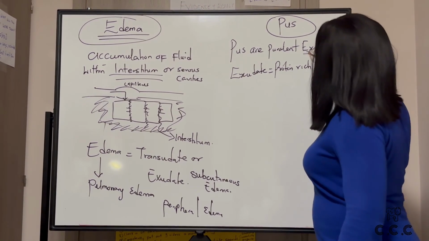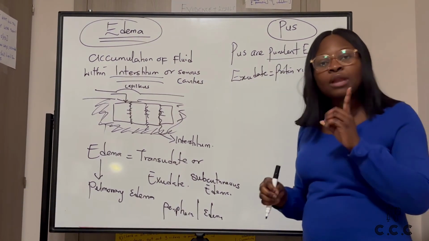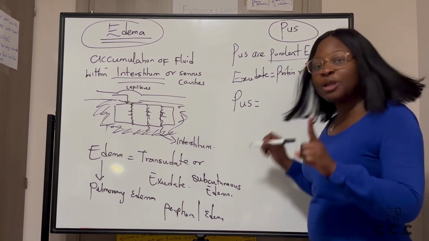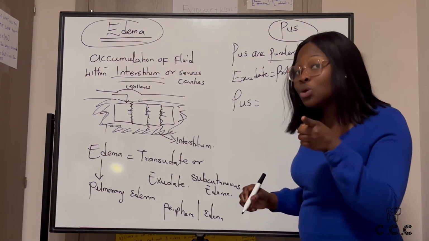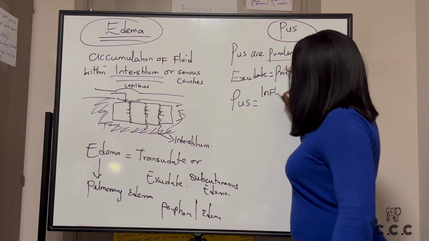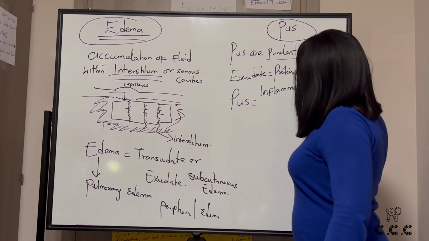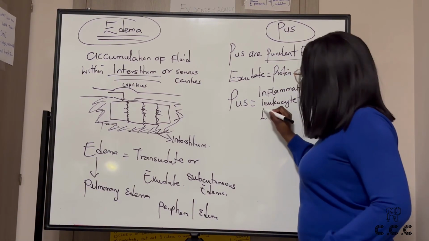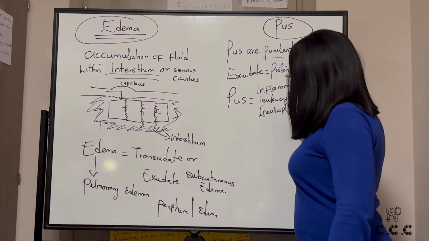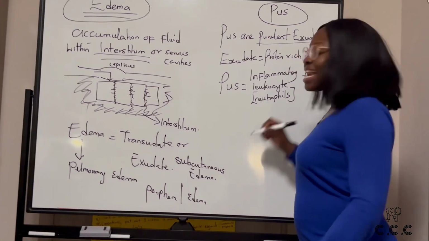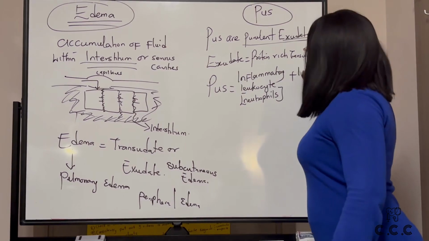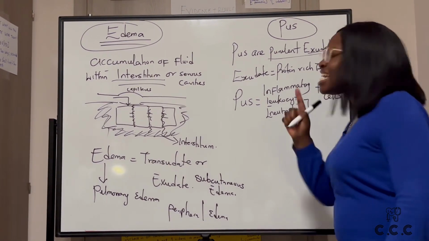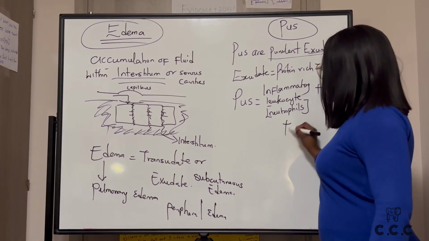And so, if pus is a purulent exudate, what can we find in pus? In pus, you can find inflammatory cells, precisely your leukocytes, so inflammatory leukocytes, precisely neutrophils. You can find dead cells. And finally, you can find, in most cases, microbes.